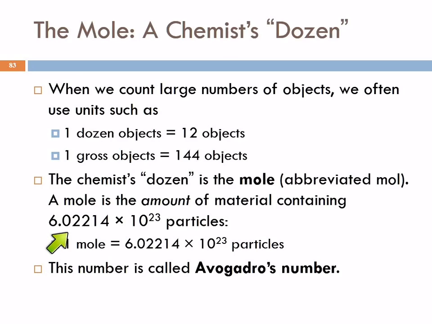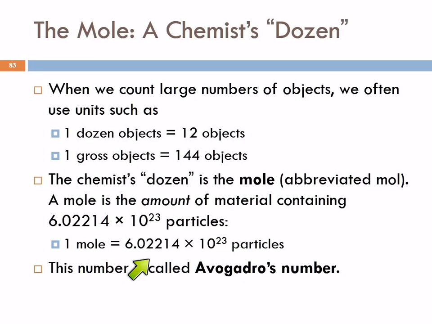And instead of 12, it's this number, 6.02214 times 10 to the 23rd particles or objects. That number is called Avogadro's number in honor of the scientist whose work led to the determination of this number. So if we talk about a mole, we mean 6 times 10 to the 23rd particles.